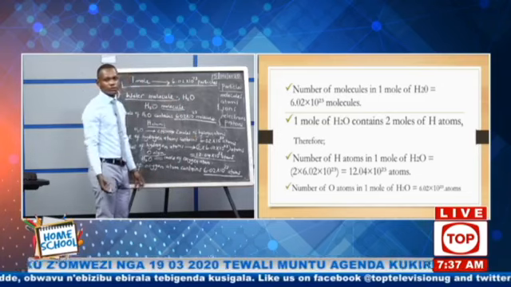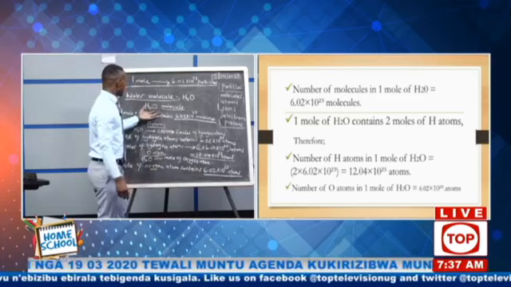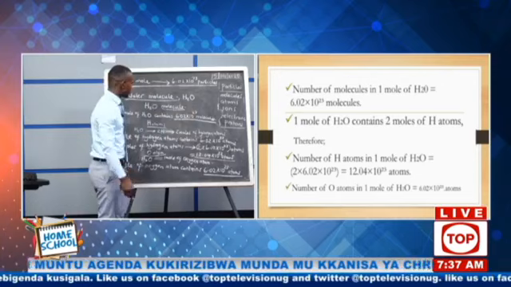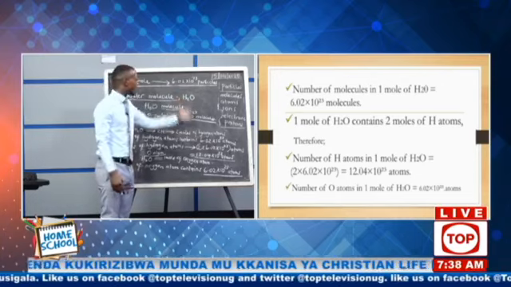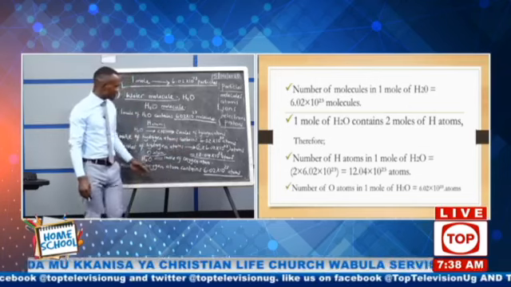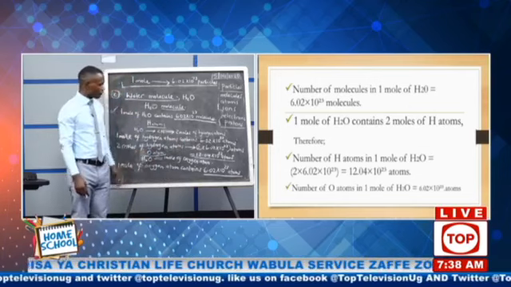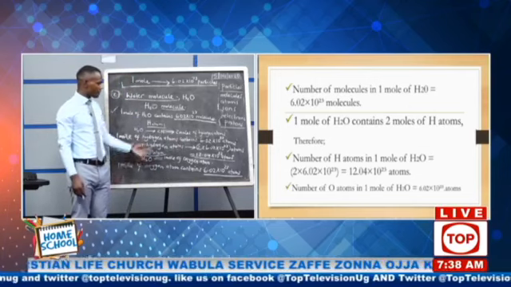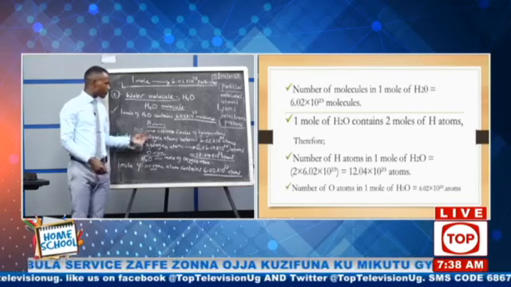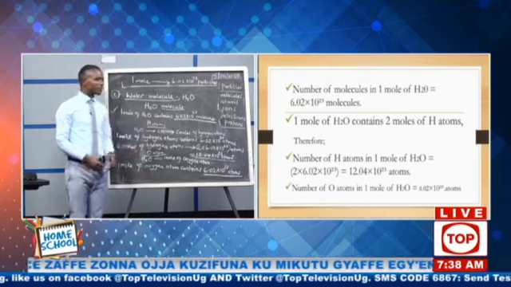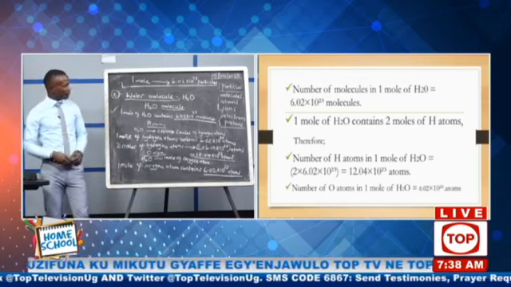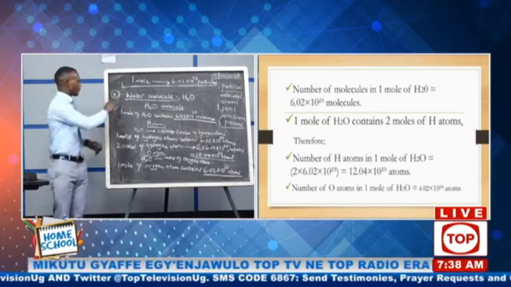Water is a molecule, okay? Then I have atoms in it, the hydrogen atoms and the oxygen atoms. Then you go ahead and calculate the number of particles in the respective atoms, molecules, elements present, okay? That was our example 4.